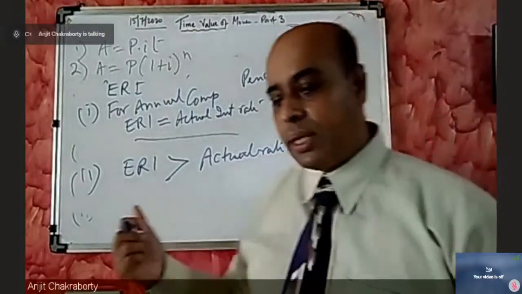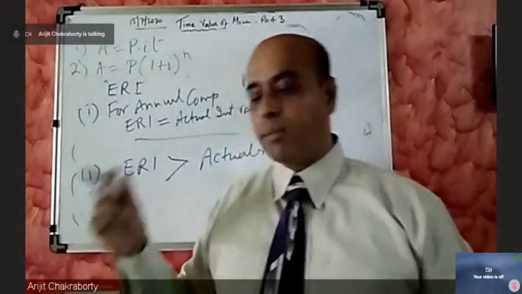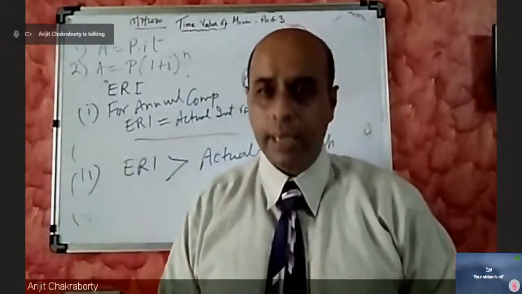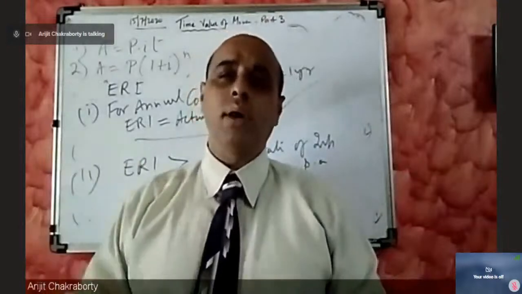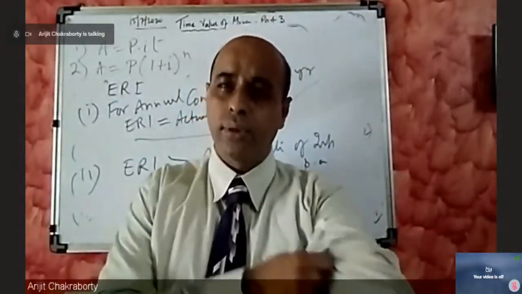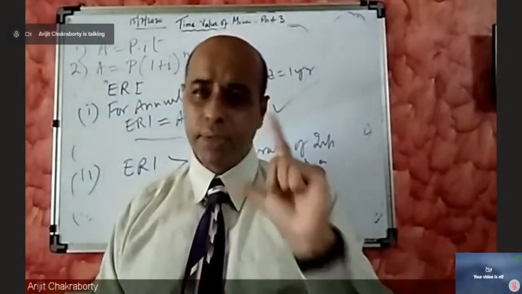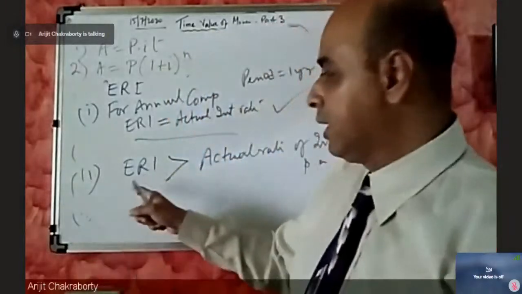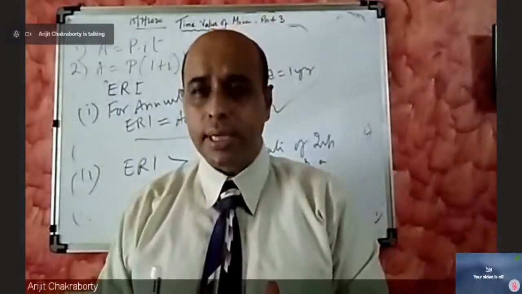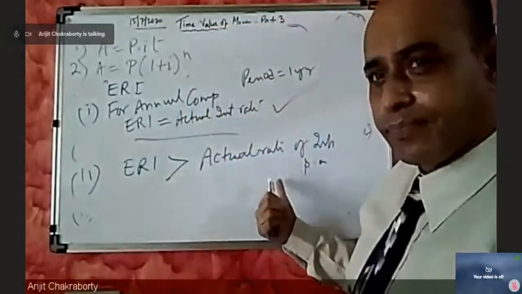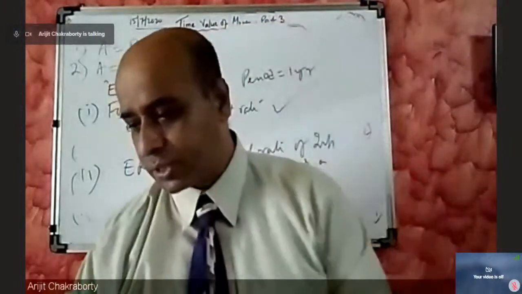So when the compounding of interest is done more than once a year, n increases, the conversion period increases, and automatically the effective rate of interest will be greater than the actual interest which you will be earning per annum. So these are two important observations.